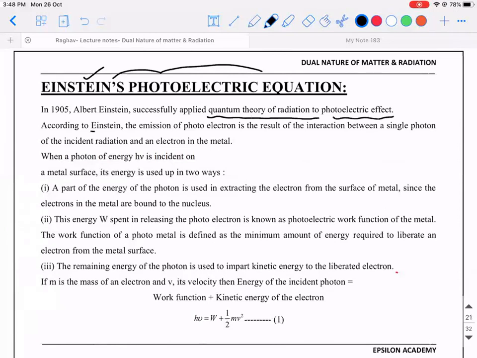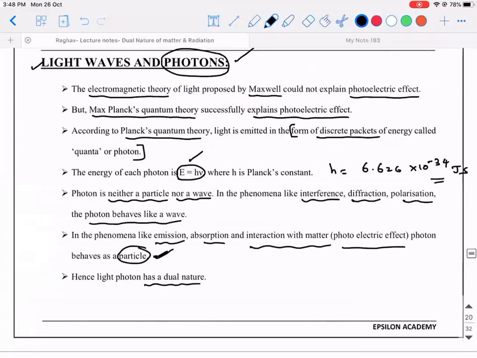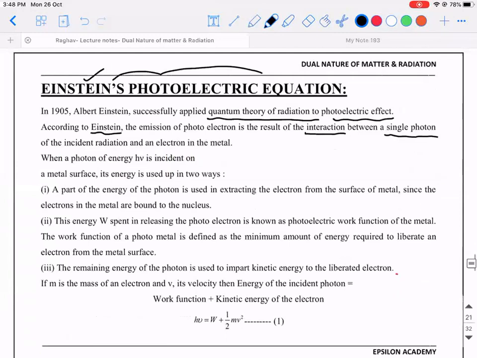According to him, the emission of photoelectron is the result of an interaction, and this is an important word, between a single photon. Remember, the energy of each photon is h nu. Have this in your mind. So it is an interaction between a single photon of the incident radiation and the electron in the metal.